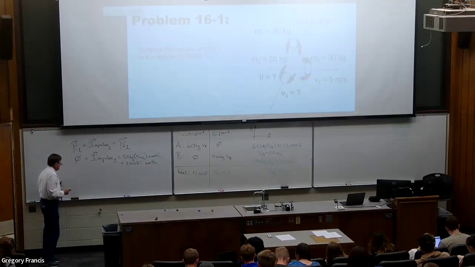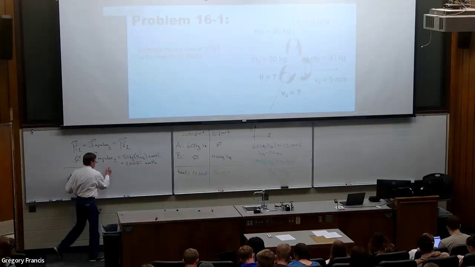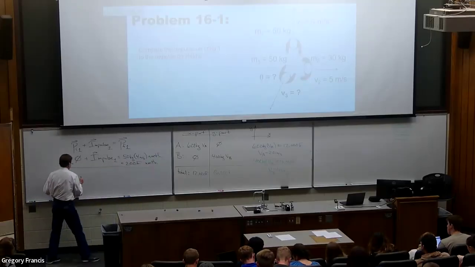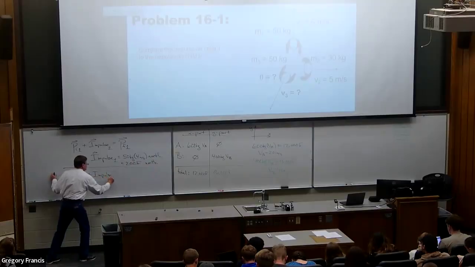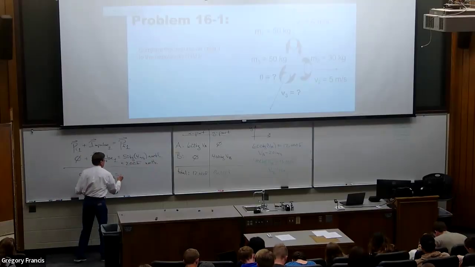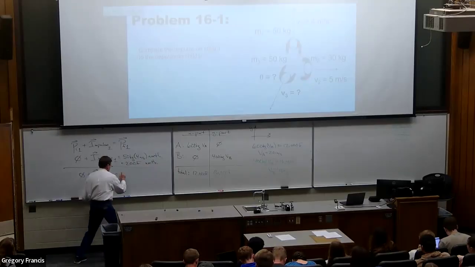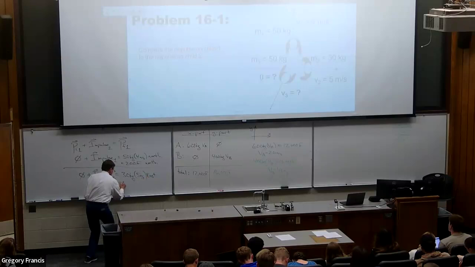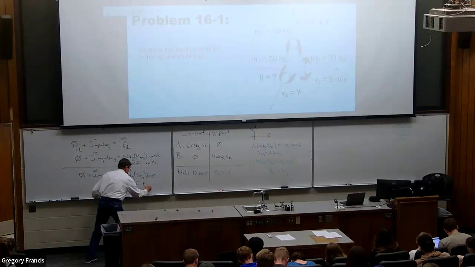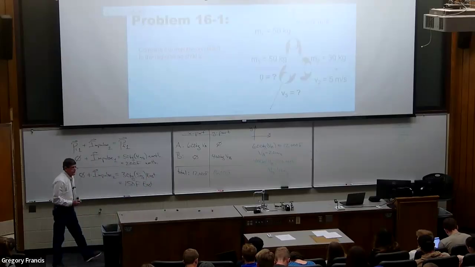That's not zero. If I do it for child two, I've got zero momentum to start with, and then I add the impulse on child two, and then her final momentum is the 30 kilogram mass times 5 meters per second east. And that's going to give me 150 Franci east for the impulse.